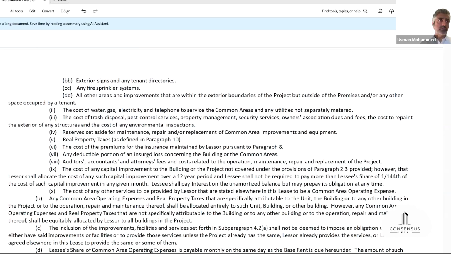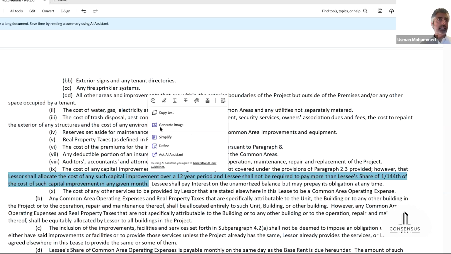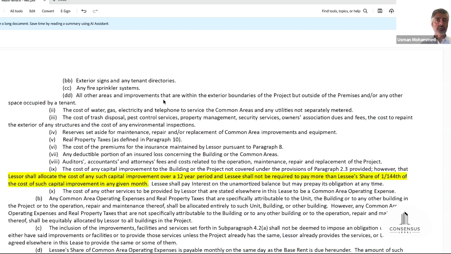Paragraph 4.2A9 of the AIR lease, this is the net lease: Lessor shall allocate the cost of any such capital improvement over a 12-year period, and lessee shall not be required to pay more than 1/144th.